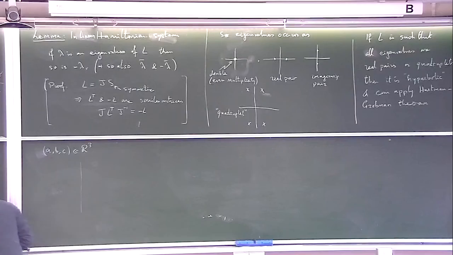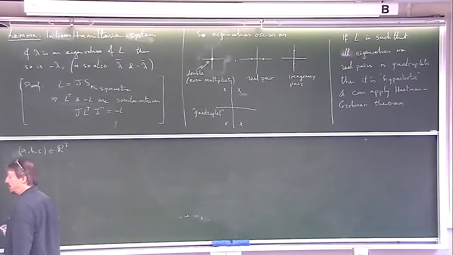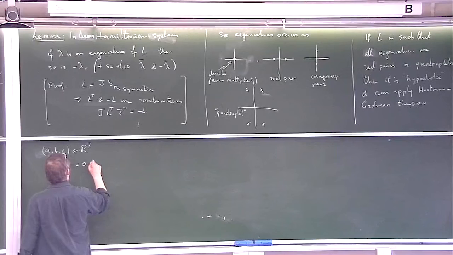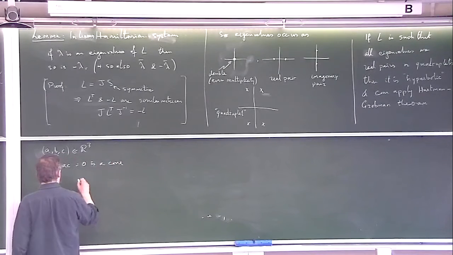And this AC minus B squared; the bifurcation happens when the discriminant is 0. Let's see if I can draw this.